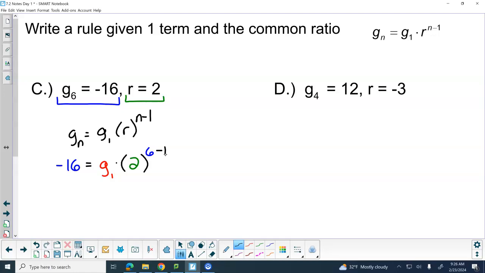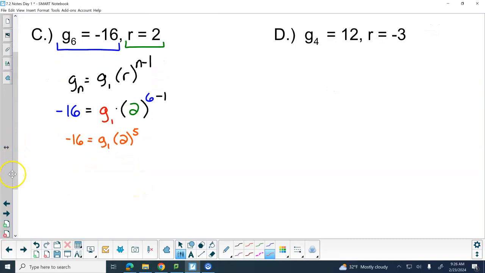Six minus 1, 5. Two to the 5th power. Solving for g sub 1, negative 1/2.